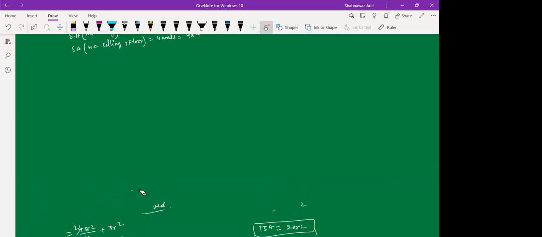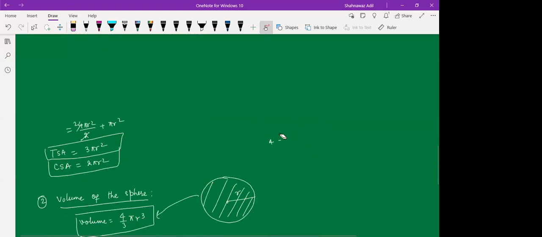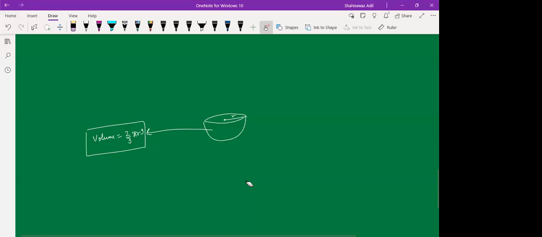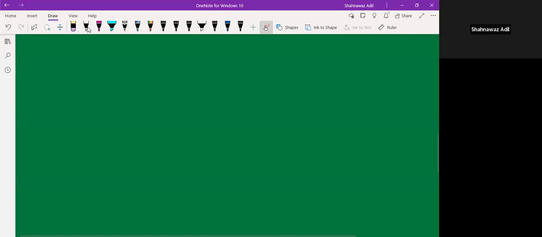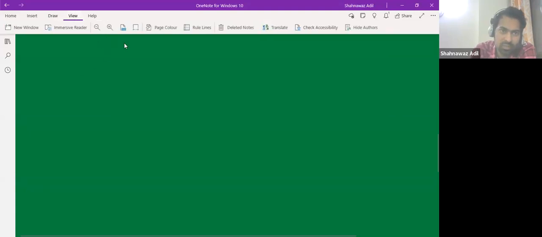We talked about the areas of different kinds of cube, the open surface, closed surface cubes, and then we talked about these cuboids, and then we also talked about the volumes of those geometrical shapes, right? So now we will talk about the sphere. The third figure is that sphere.